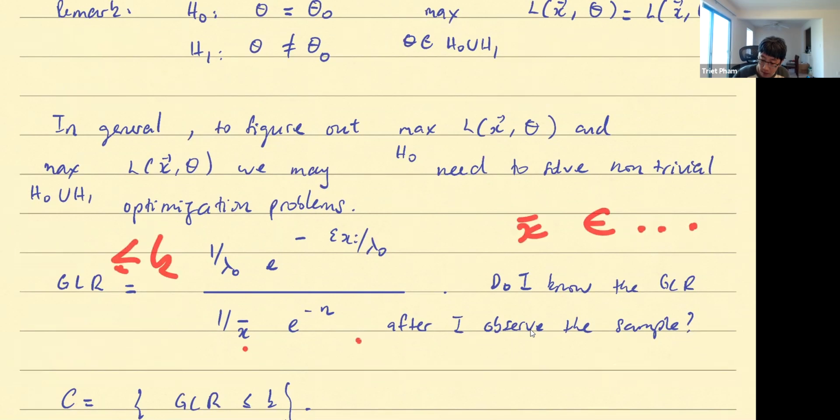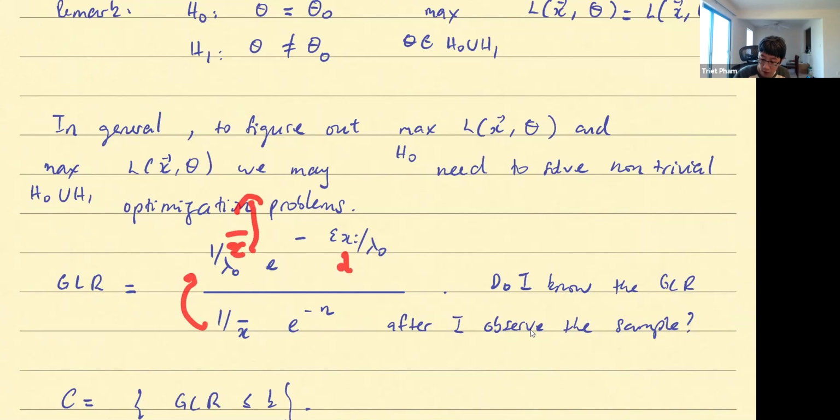Because the dependence, the structure of X bar here is not as simple as saying this is a decreasing or increasing function of X bar. If you bring X bar on top here, X bar is increasing in this direction but decreasing in that direction. So breaking down the region GLR less than or equal to K in terms of X bar is not a straightforward task, unlike the other ones that we've been doing so far.